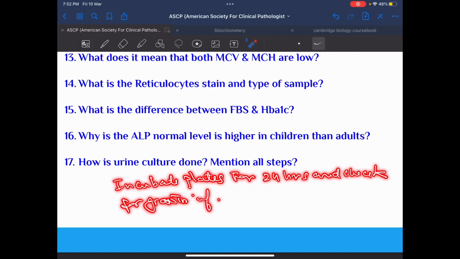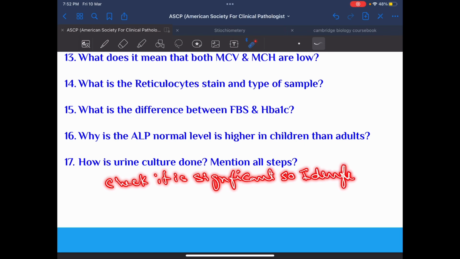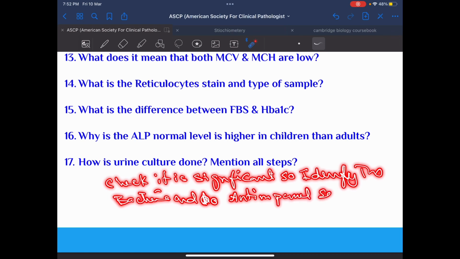If growth is detected, check if it is significant. So identify the bacteria and do antibiotic panel sensitivity.